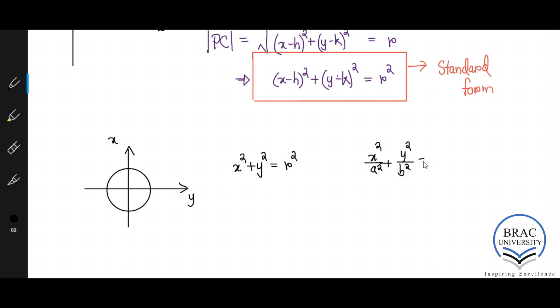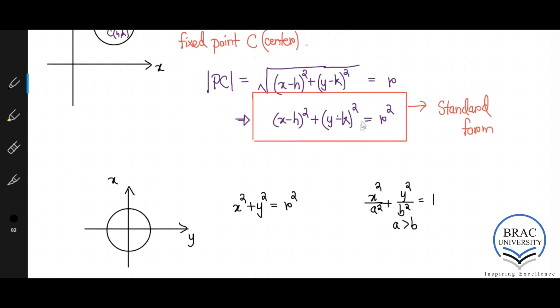And in an ellipse, a is greater than b for the major axis being on the x-axis. But when a equals b, there was a 1 here in the ellipse case, sorry. So if a was equal to b, we would have a constant that goes to the right side and that reduces to a circle.